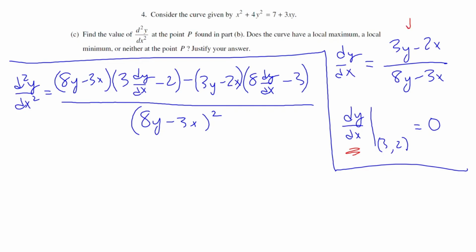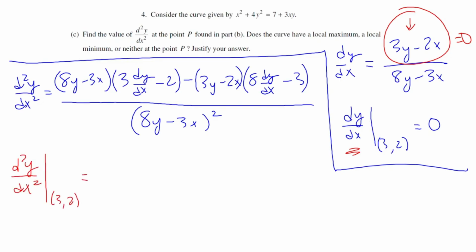And also, we know that 3y minus 2x is also equal to 0. So anytime I see 3y minus 2x or a dy/dx, I can just replace it with 0. All the other x's will be 3's, and all the other y's will be 2's. So at the point (3, 2), if y is 2, we have 16 minus, and if x is 3, 16 minus 9 there. And then dy/dx we know is 0, so this is just negative 2.